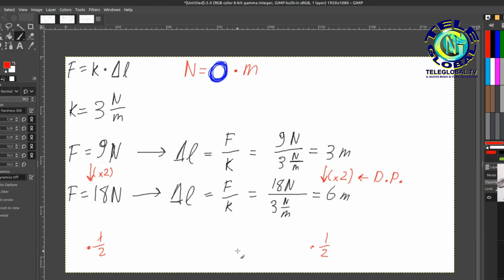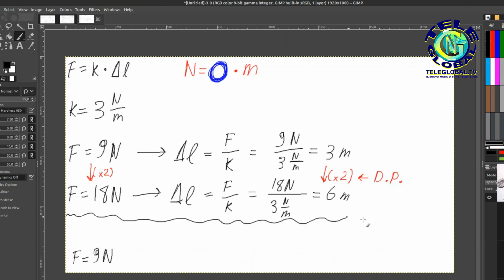So okay, let's do another example. Let's say that you are still applying 9 Newton, but this time you are working with a different spring, which will have an elastic constant of 5 Newton over meter.